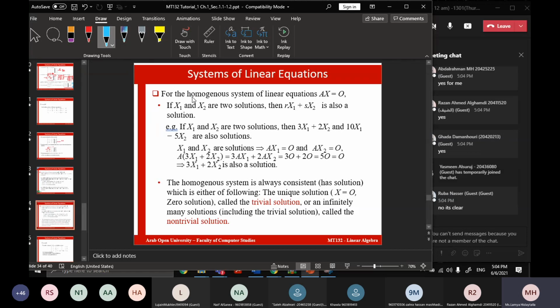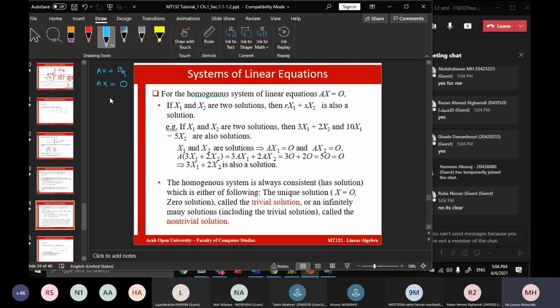Okay, in the case of the homogeneous system, what is the homogeneous system? We said if we have the system AX equals B, a system will be homogeneous if all the elements of B are zeros. Okay, so that means our system now is AX equals a zero vector. All the elements are zeros.